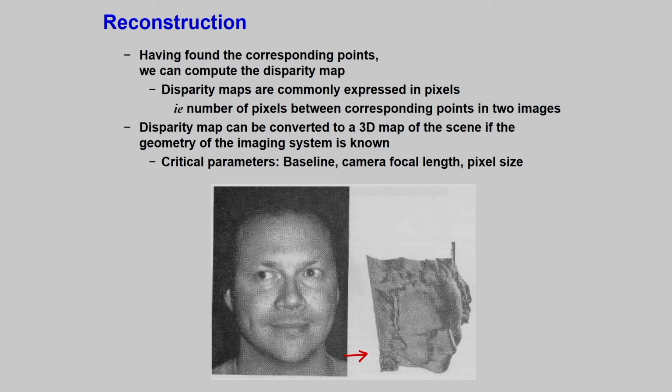Now for stereo correspondence, as I already told you, I have to find the correspondence between the two images, one is the left image, another one is the right image. I have to find the correspondence between the points like this, one in the left image and one in the right image.